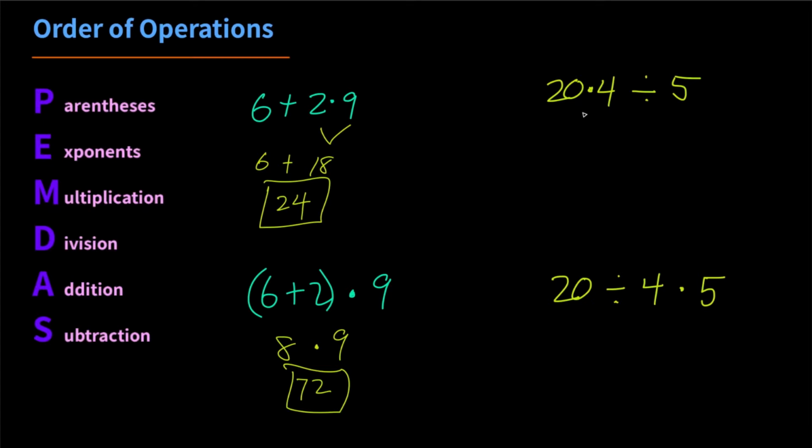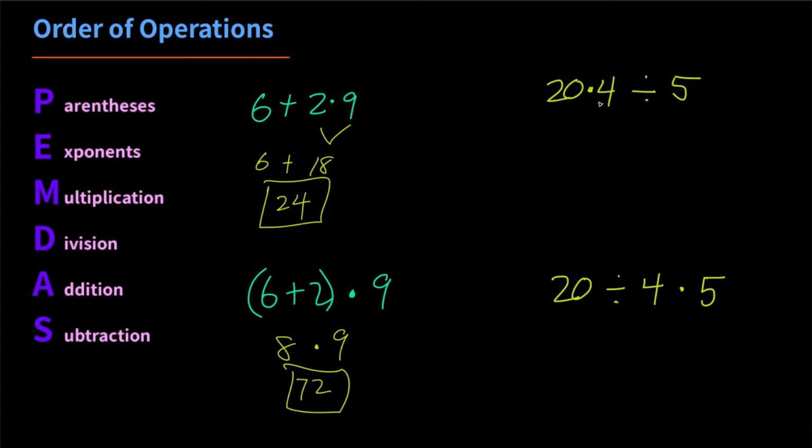Let's take a look at this expression. We have 20 times 4 divided by 5. Working our way down from PEMDAS, we don't have parentheses, we don't have exponents, we have multiplication and division. They have the same priority, but we're going to solve them from left to right.